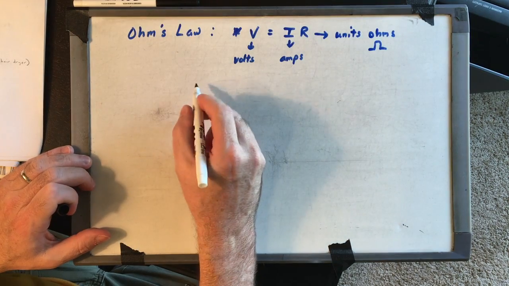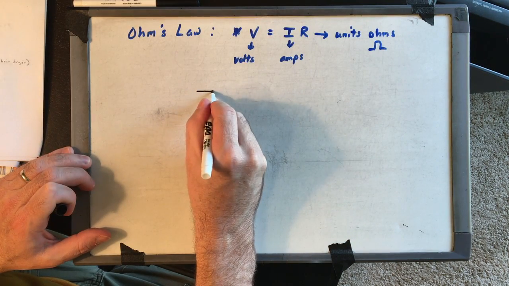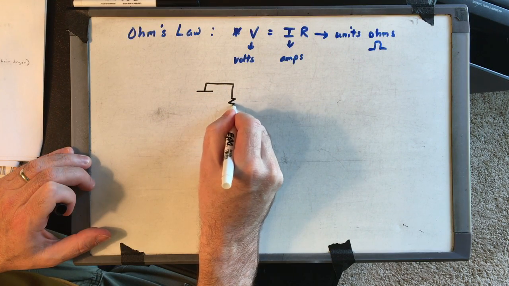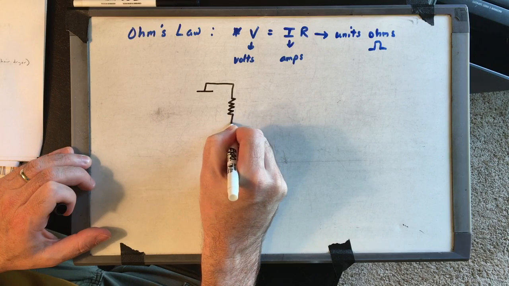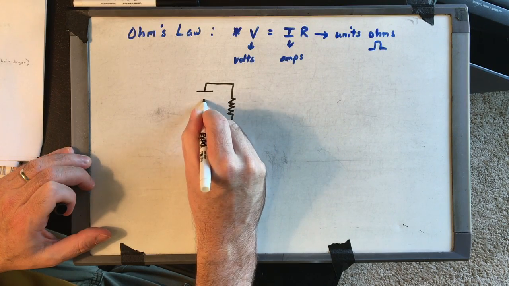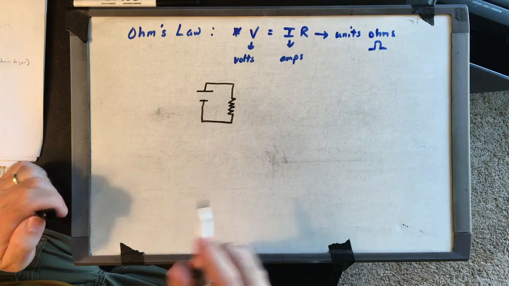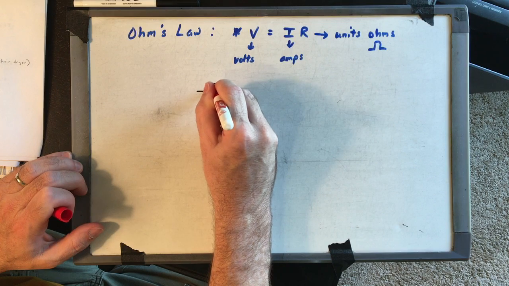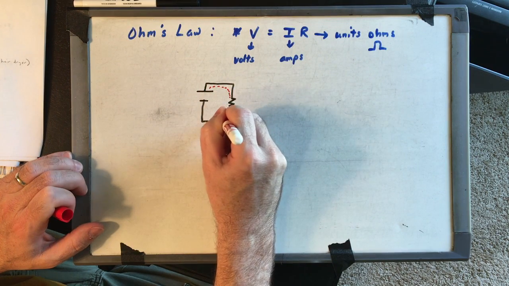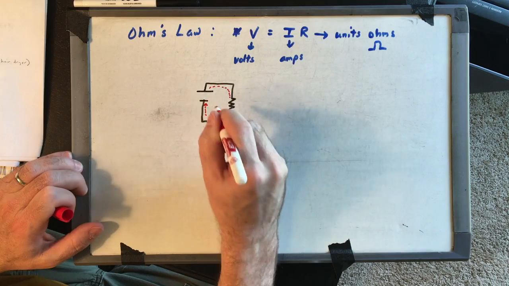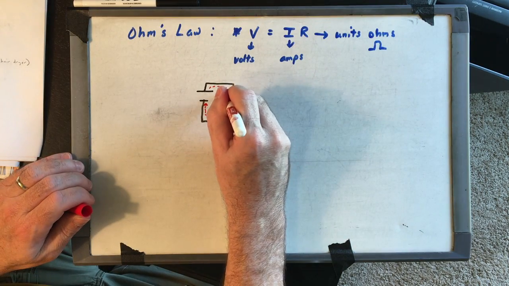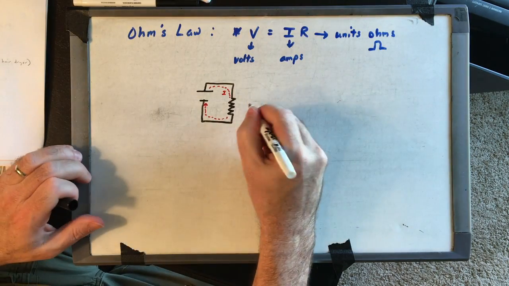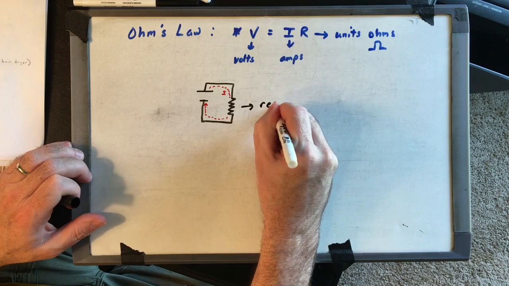So let's draw underneath that a simple circuit with a resistor. The way you show a resistor in a circuit is this squiggly line like that. Okay, so the current's going to flow out of the positive side through the resistor and into the negative side. So that's how we designate a resistor.